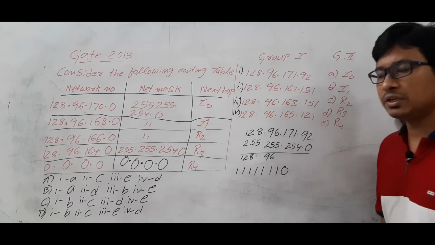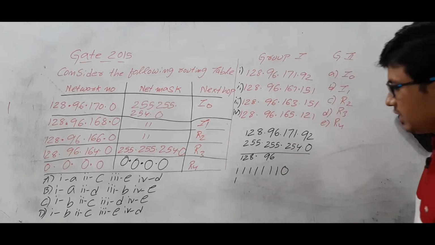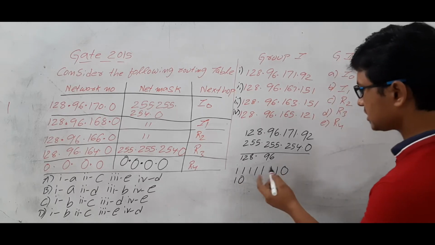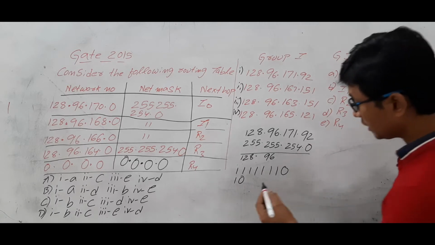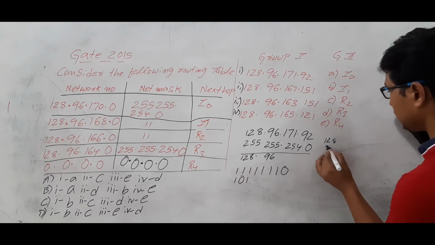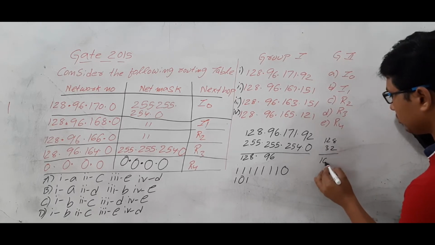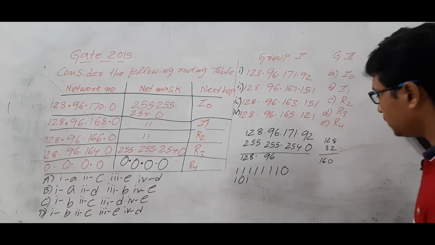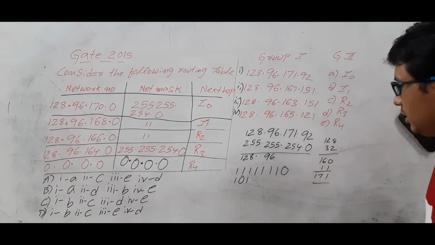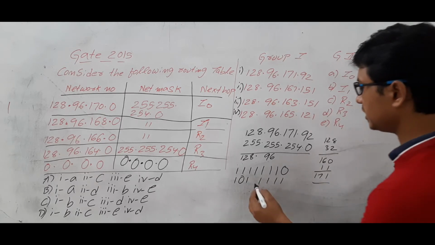Now 171 is nothing but 128, and 64 I cannot keep, so 32 I can keep. 128 plus 32 is 160. Then I need to add 11 to it to make 171. 11 means 4 ones at the end, so here I will keep 0.